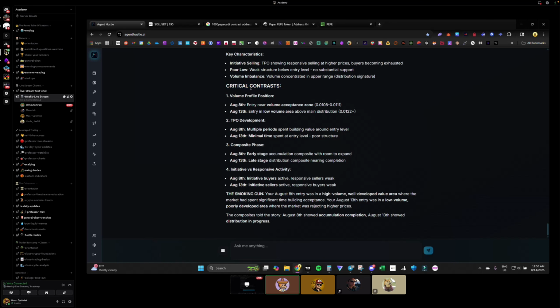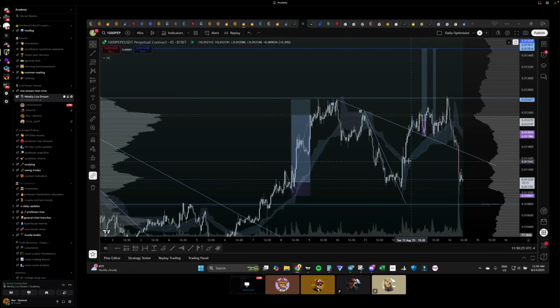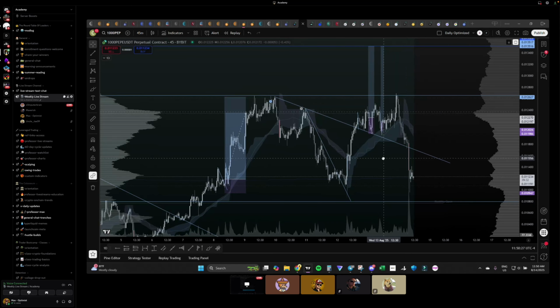Critical contrast. So this is actually what I'm interested in. Volume profile positions. Entry near volume acceptance zone. Entry in low volume area above main distribution. Let's just look. This is volume down here, these spikes.